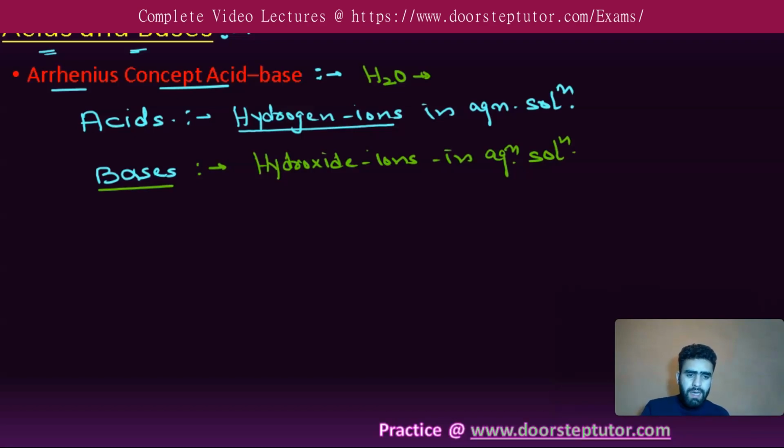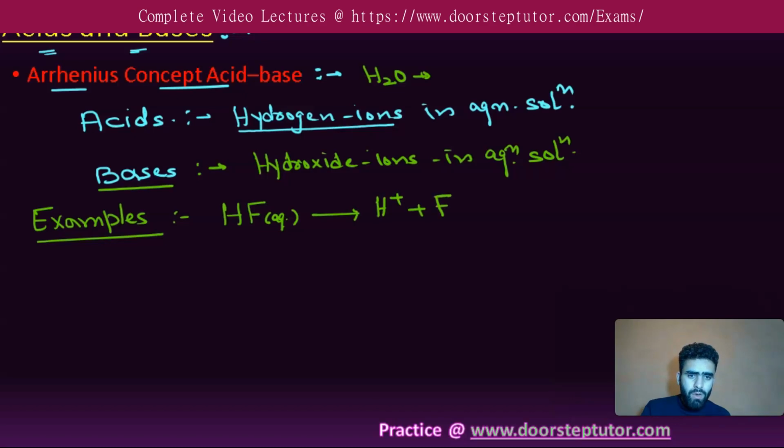Let us understand this Arrhenius concept of acids and bases by using certain examples. First of all, let us take an example of HF, hydrogen fluoride. If I put this substance in aqueous solution, H+ plus F- will be generated.